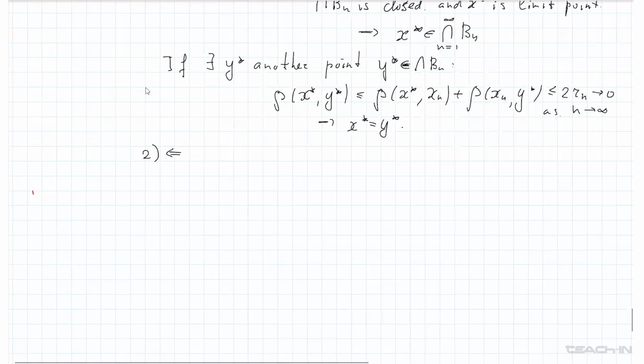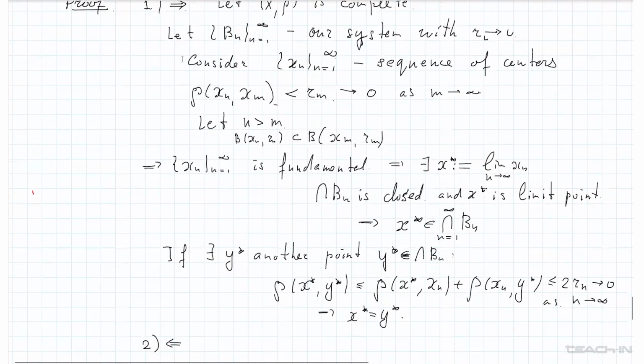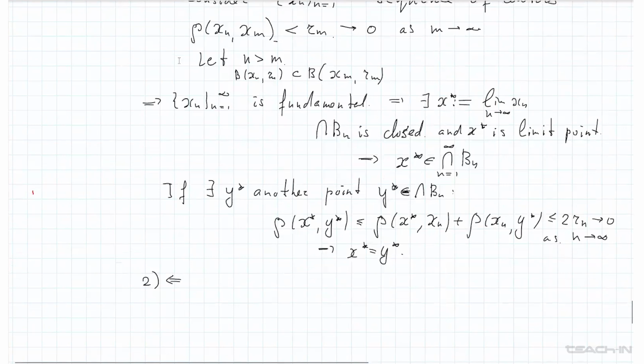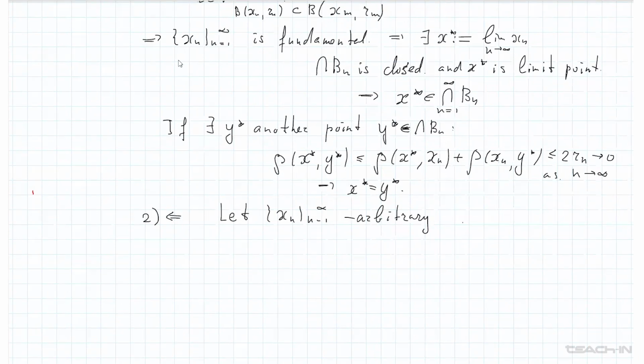So another implication. Let we have the property that all nested system of closed balls is not empty. Moreover, it consists unique point. We need to prove that our space is complete. So let's take the arbitrary fundamental sequence. What we can say?